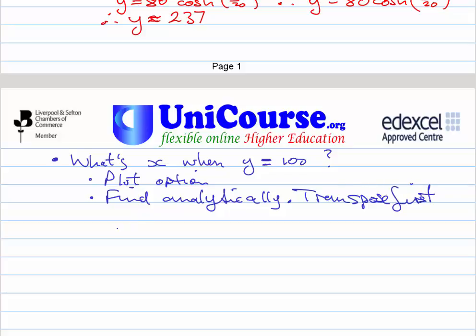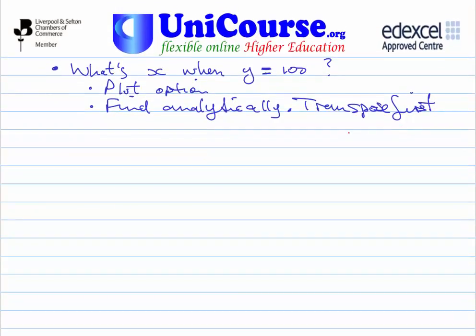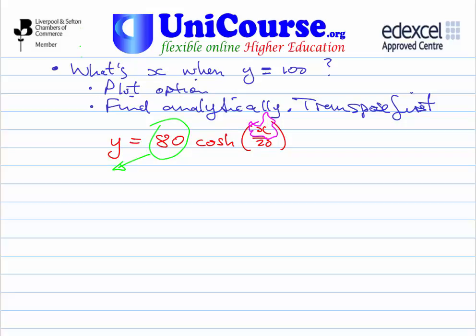Okay, so we started off, of course, with y equals 80 cosh x over 20. Okay, what we're doing is we're targeting x, so we want something that says x equals blah blah blah. In which case, it's probably a good idea we can move this 80 somewhere, and perhaps if you divide both sides by 80, the 80 will go over there.